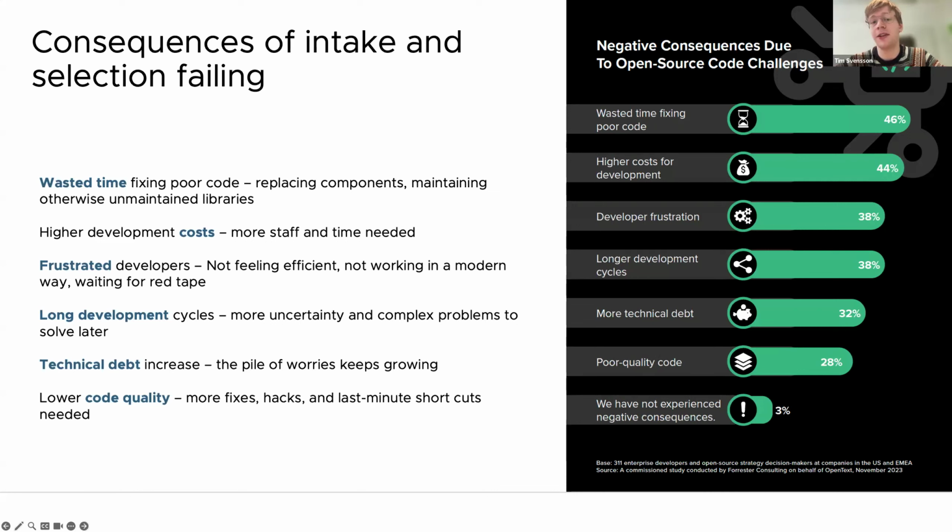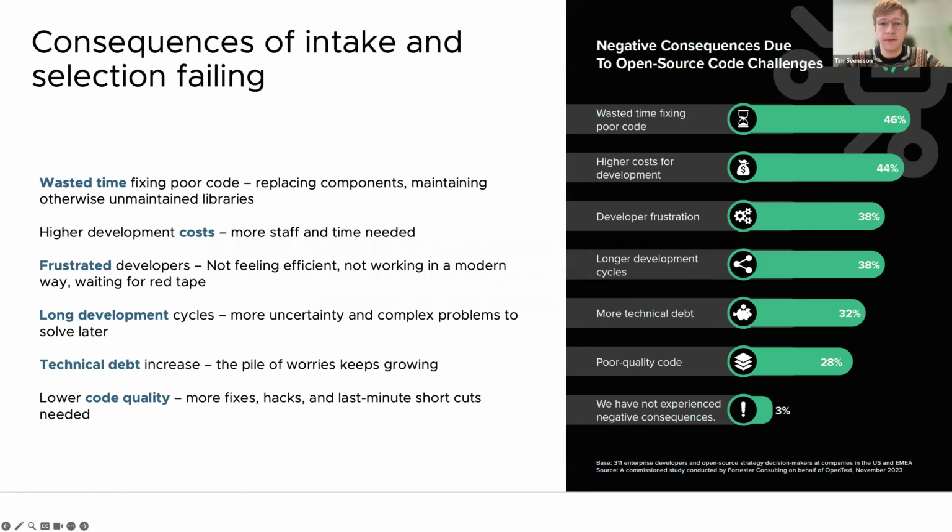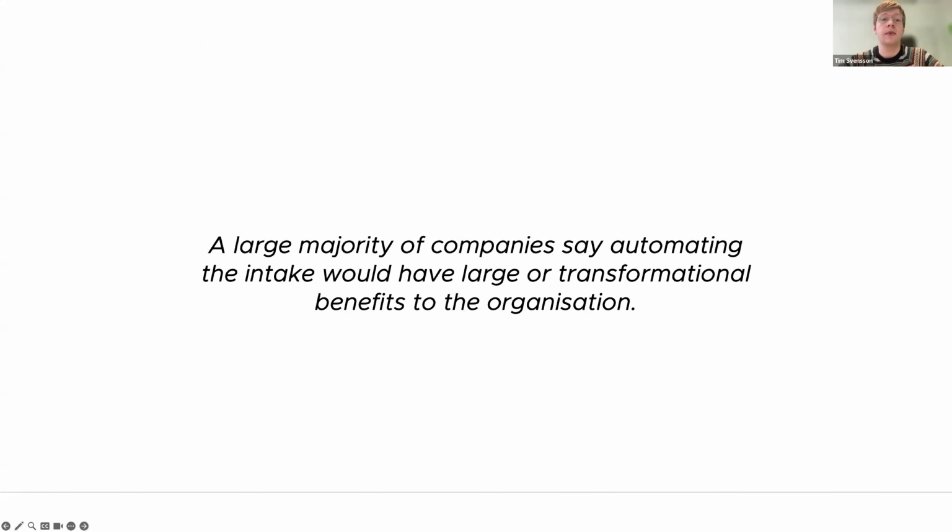Interesting to note here is that only 3% of respondents said that they have not experienced negative consequences. So that means 97% of everyone responding to the survey has seen negative consequences due to open source code challenges. So moving on to the next one. We want to just highlight this, that a large majority of companies say automating the intake would have a large or transformational benefit to the organization.